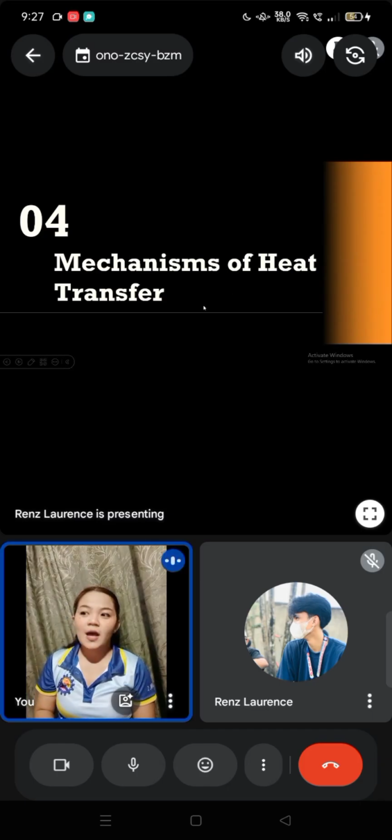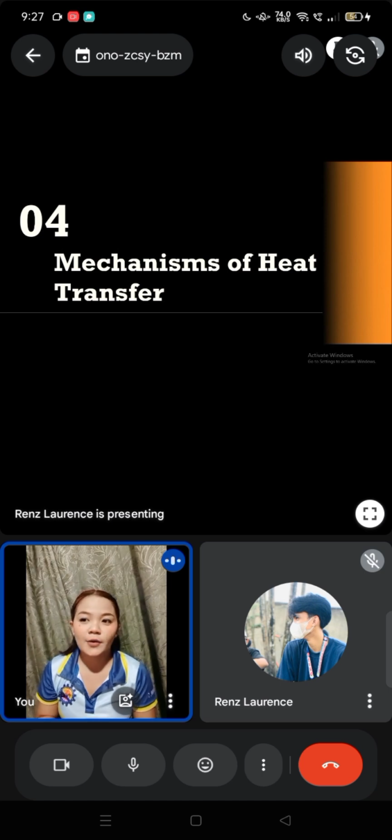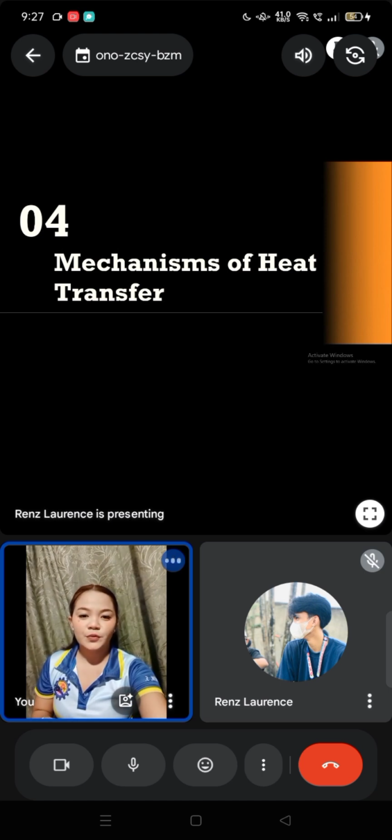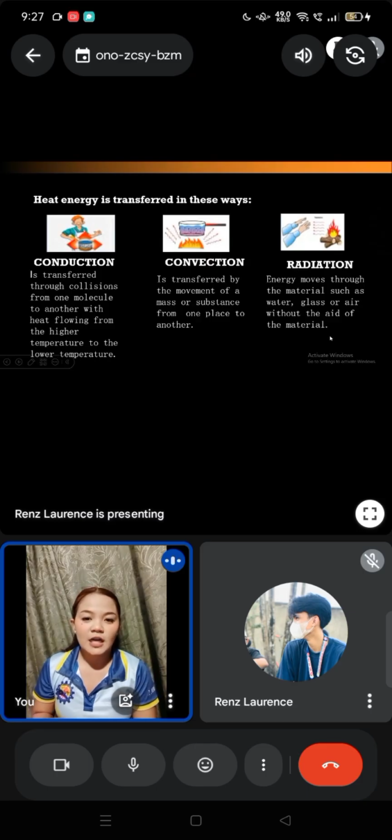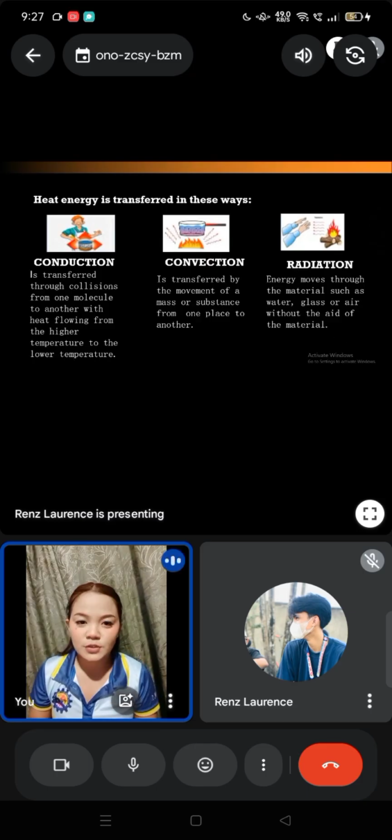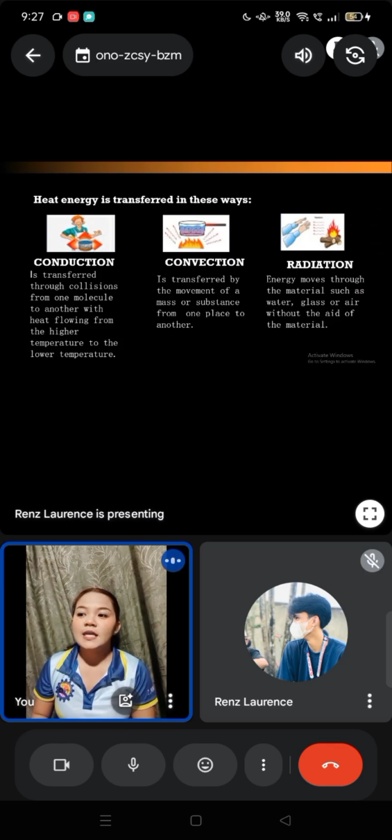Alright, at this point, we will explore the three ways of heat transfer. The three ways of heat transfer are conduction, convection, and radiation. First, what is conduction? Conduction is the heat transfer between substances that are in direct contact with each other.